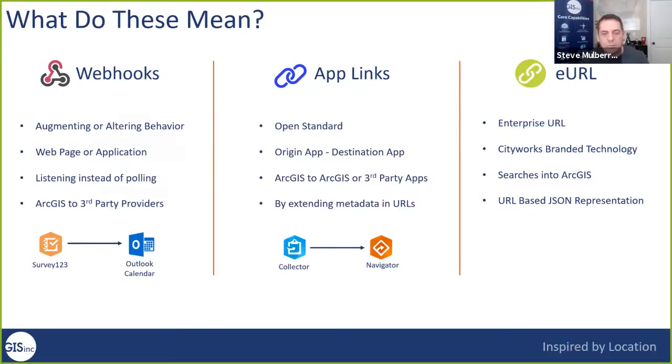If you're not familiar with Cityworks, it's an asset management and permitting system where you can save your searches and then give those searches a REST-based JSON URL that can be used inside of the ArcGIS platform. So maybe I'm in ArcGIS Online and I want a feature service representation of all the information coming from Cityworks. I can do that through this EURL technology.